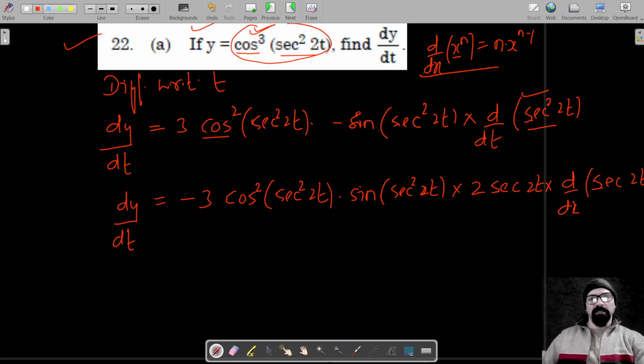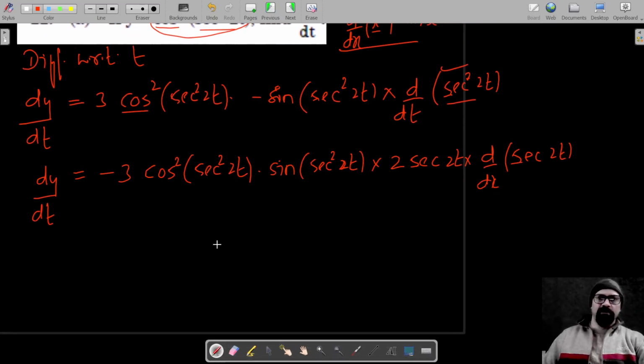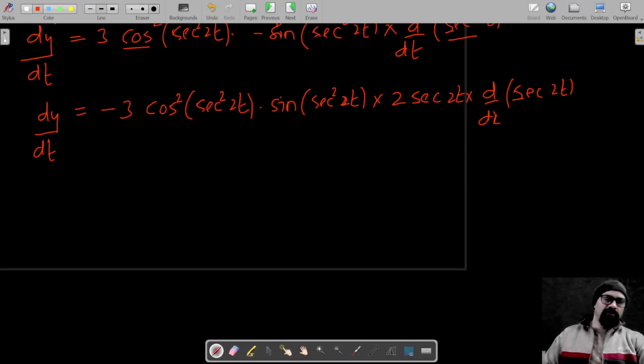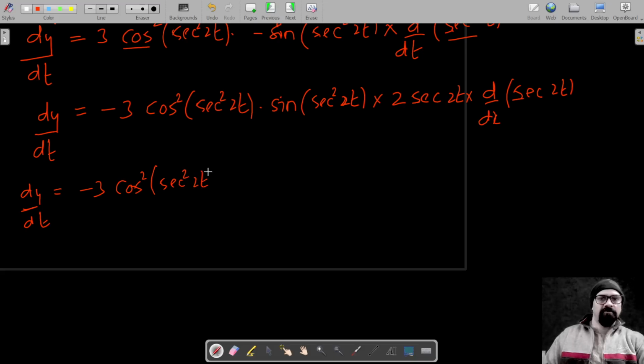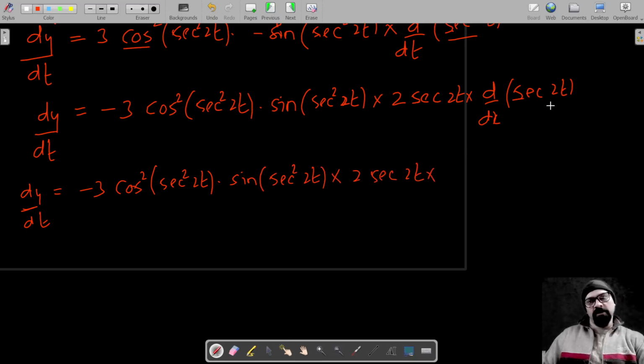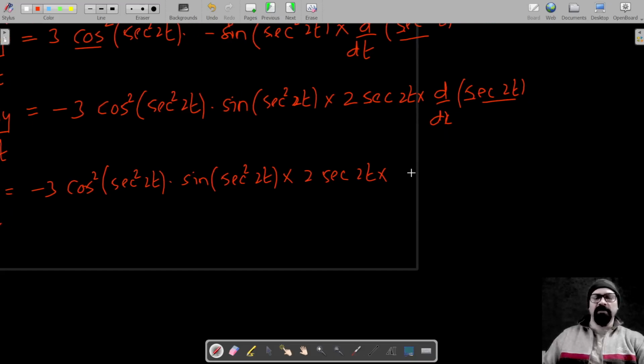So finally we have, let me just write it down. So this is dy by dt is equal to negative 3 cos square secant square 2t into sine of secant square 2t into 2 secant 2t. Now differentiation of secant x is secant x into tan x.